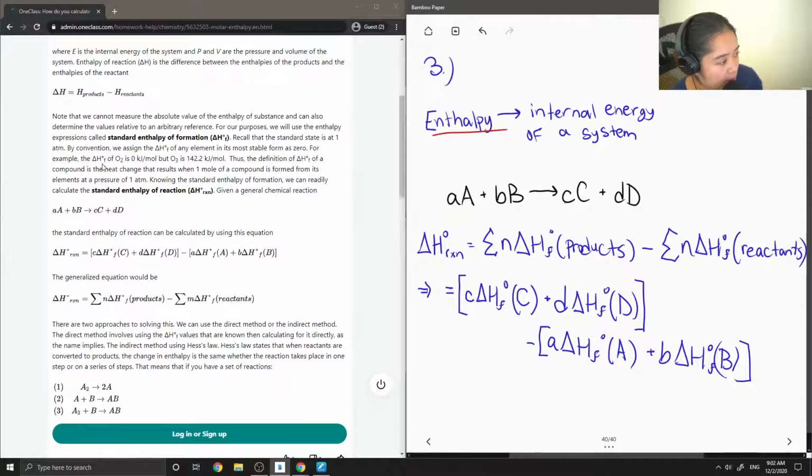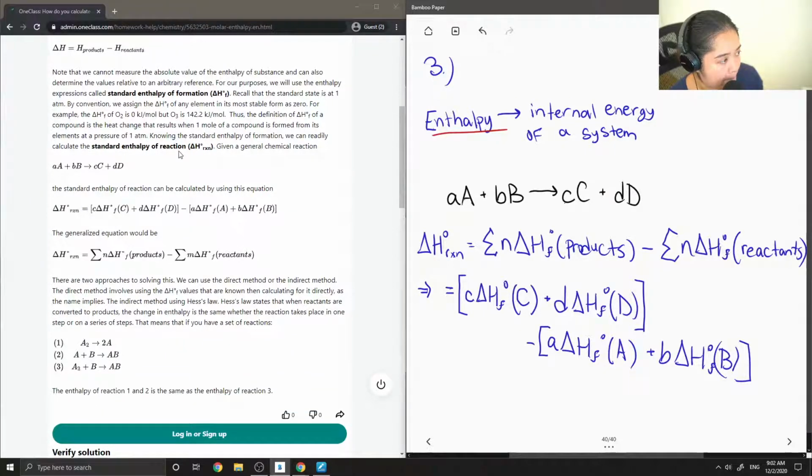For example, the delta H of formation of O2 is 0, but for O3, it's 142.2 kilojoules per mole. Thus, the definition of delta H of formation of a compound is the heat change that results when 1 mole of a compound is formed from its elements at a pressure of 1 atm.